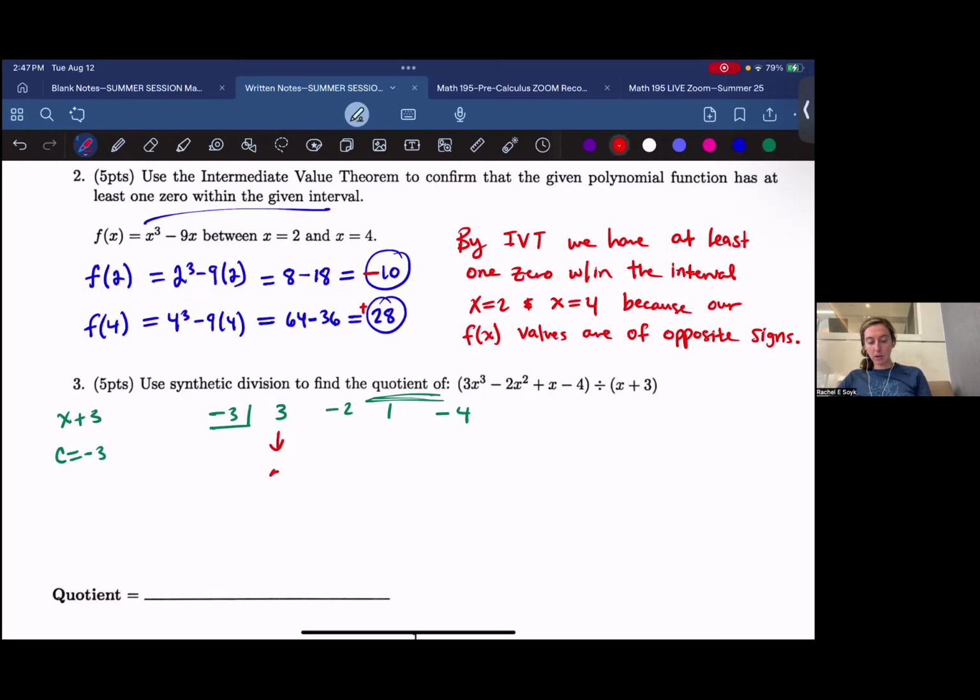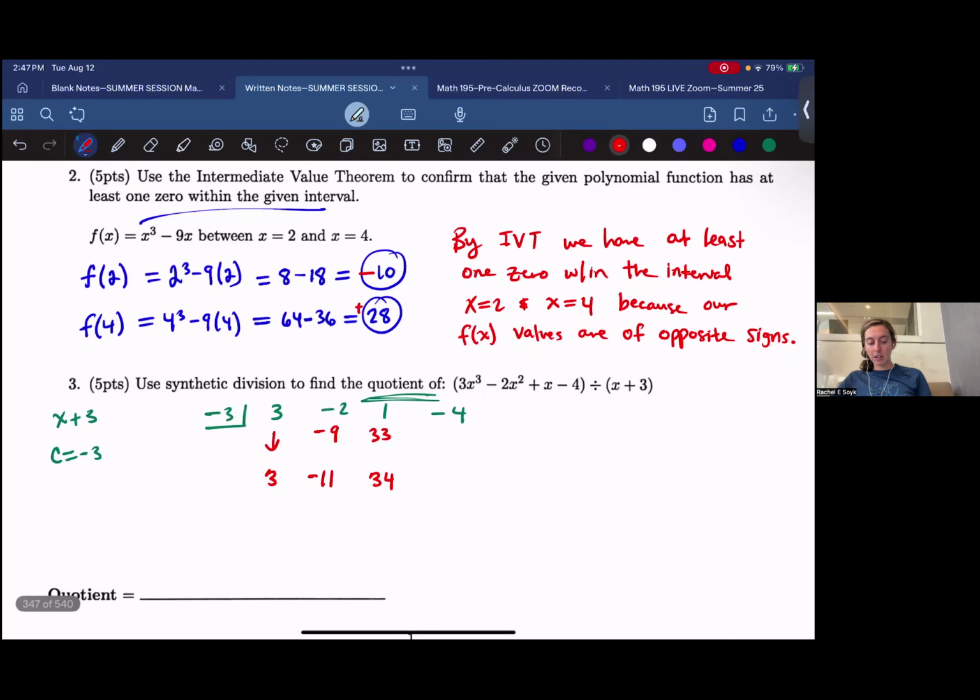And bring down that 1. Negative 3 times 1 is negative 3, which added to 3 gives us 0. Then negative 3 times 0... Product of negative 3 and negative 11 is 33. Then 34. And then negative 3 times 34 is negative 102, which gives us a remainder of negative 106.